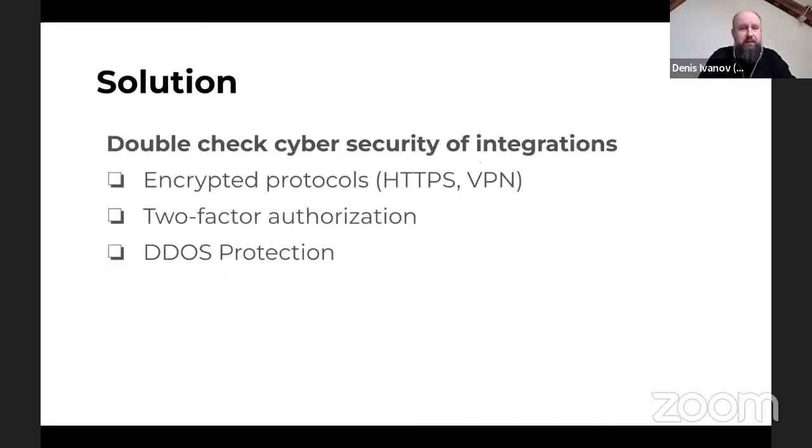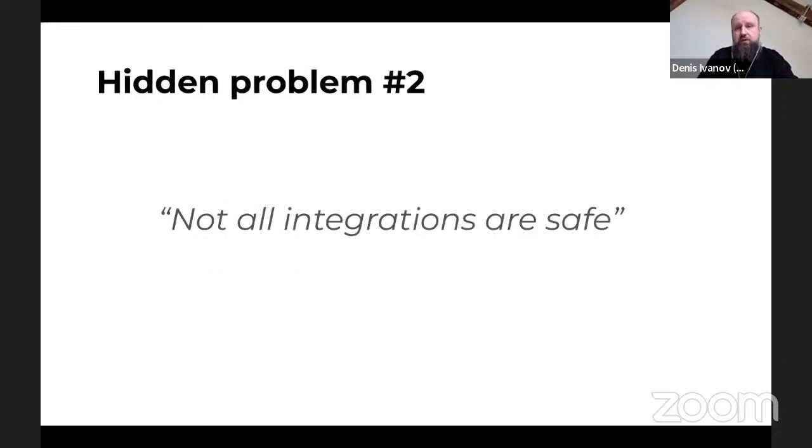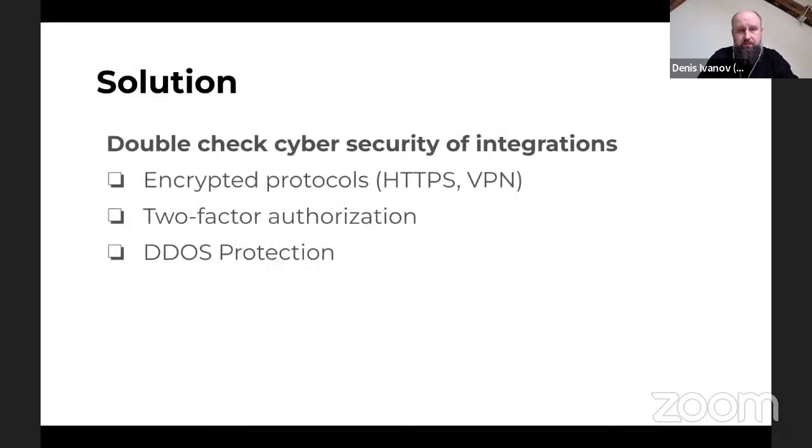Sometimes it's even better to hire a cybersecurity company for audits to understand that all the protocols are encrypted, that the authorization is secure, and that the channel and the endpoints of those connections are protected from DDoS attacks. This is part of any integration project that you should keep in mind. So security, security, security, one more time, security.